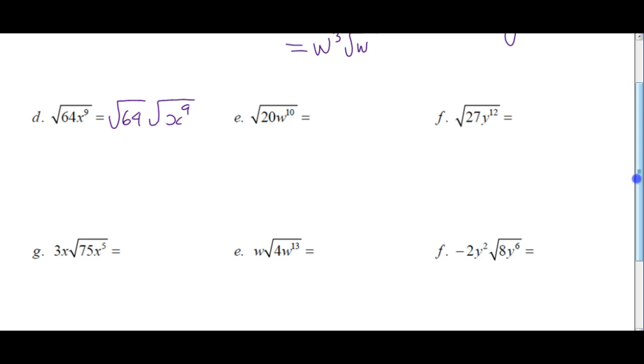So let's split it. Actually, wait. Let's split it like this. So I want things that have square roots, right? 64 has a square root. Even powers of x have a square root, so we'll go with x to the 8th times x. Okay, so those first two terms, 64x to the 8th, that has a square root, right?